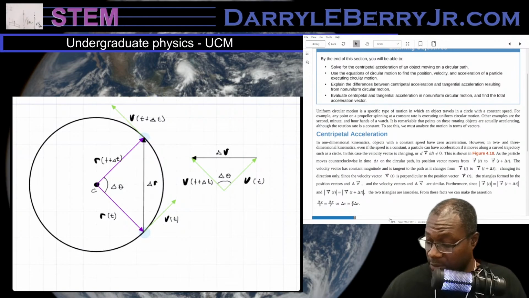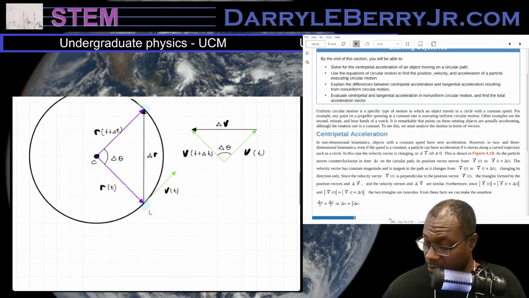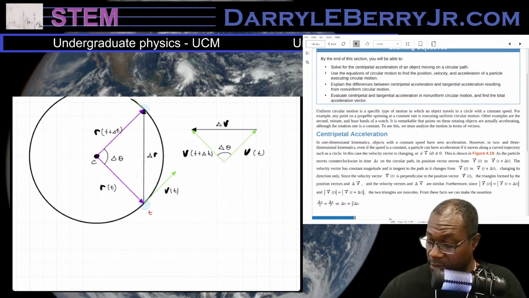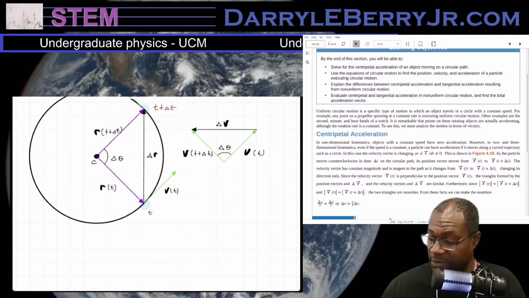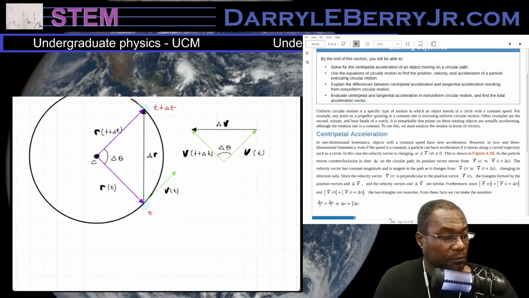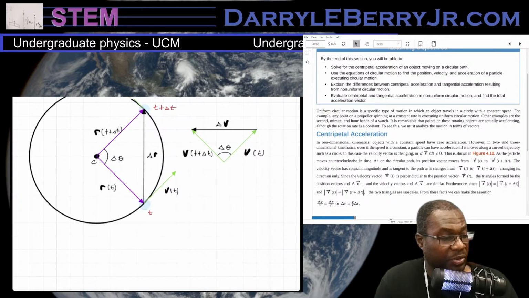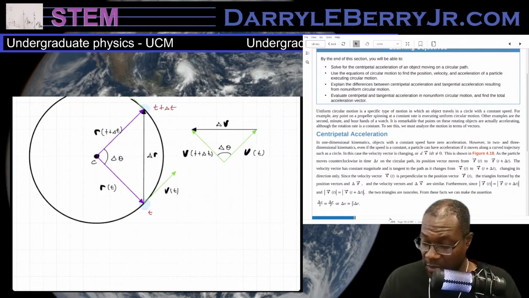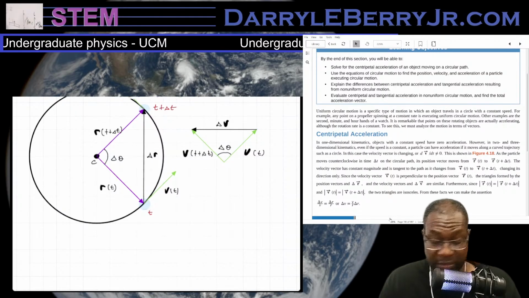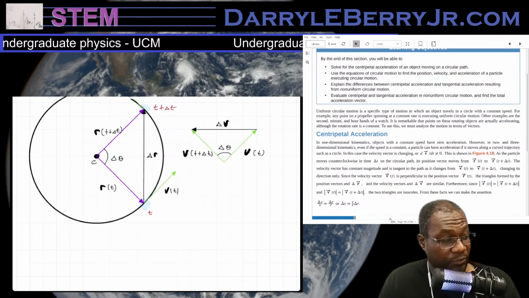So this is T, this is T plus change in T seconds. On a circular path, the position vector moves from RT, where the particle is, to RT plus change in T.